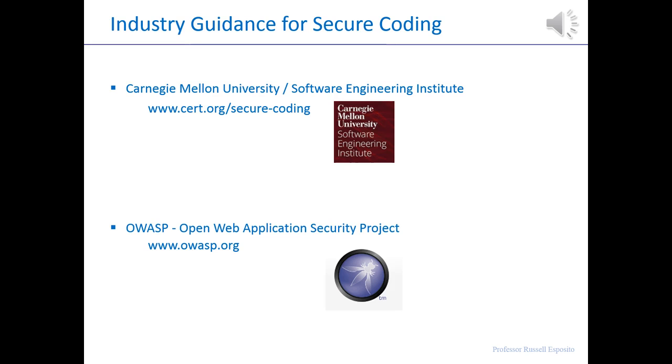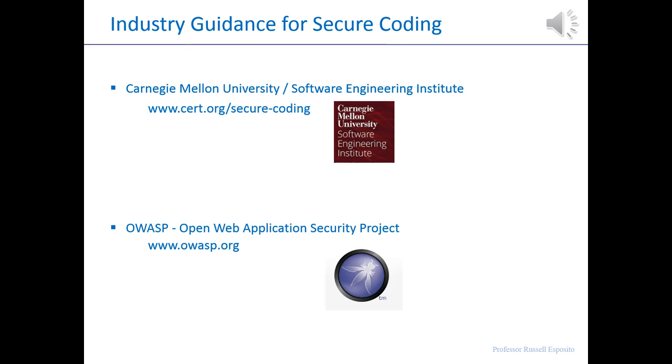Now we'll learn later on in the chapter that this is a pretty complicated subject and it's hard to do on your own. Unless you're a security company designing security software or virus protection or something like that, or you're large enough like a Microsoft that really has to engage in doing this secure coding on your own, what most companies will do to support their IT security is partner with what's called Managed Security Service Providers, MSSPs.